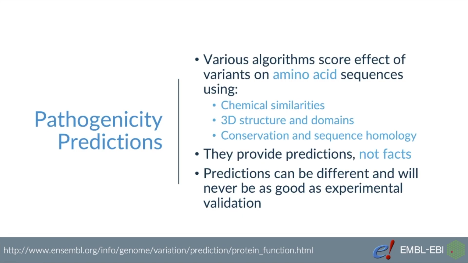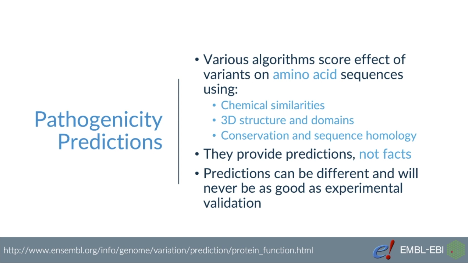We also provide pathogenicity predictions, which are various algorithms assessing the effect of amino acid substitutions on the protein. And they take into account different properties, like for example, chemical similarities of the amino acid. So if a missense mutation changes amino acids from polar to non-polar, that might affect the protein more severely.